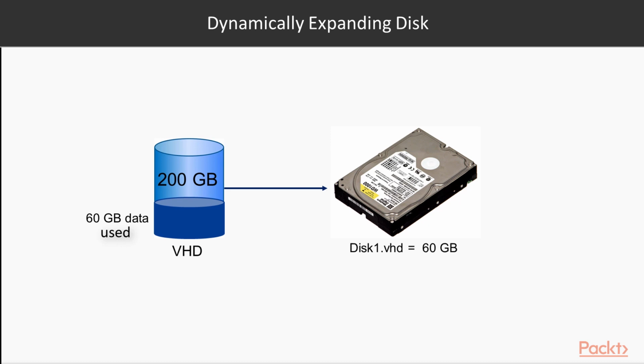Dynamically shrinking also occurs when data is removed from the disk, but only after the virtual machine has been shut down. In this example, a 200 gigabyte virtual hard disk has 60 gigabytes of data on it. Therefore, the size of the disk1.vhd file is currently 60 gigabytes, but it can expand up to 200 gigabytes.